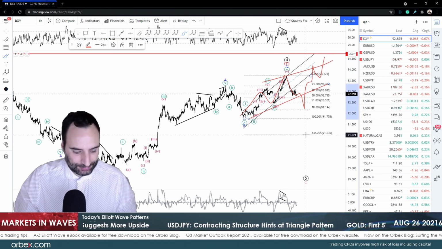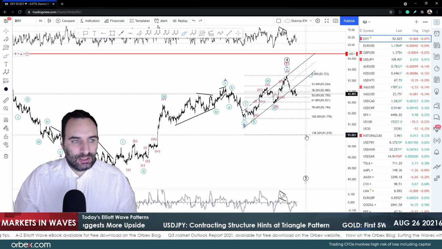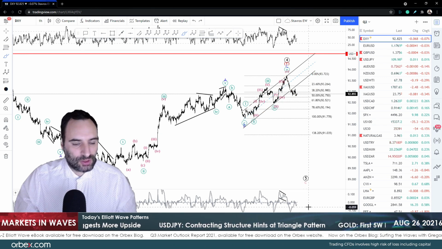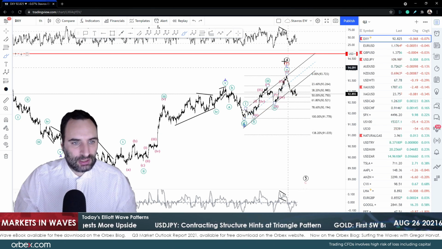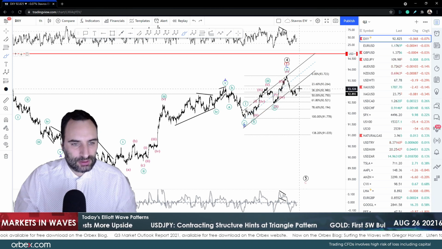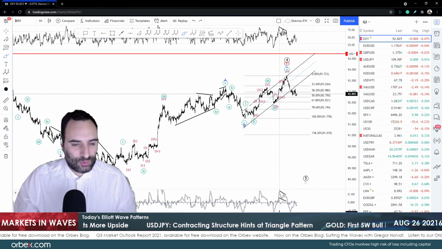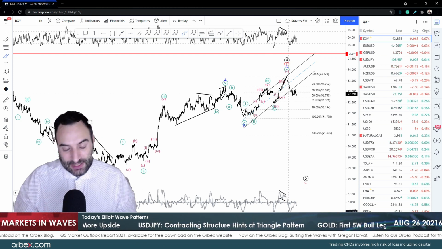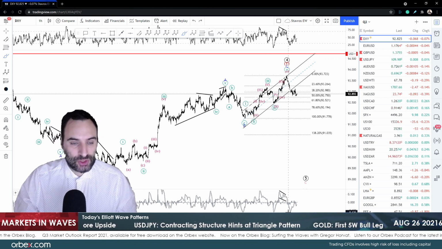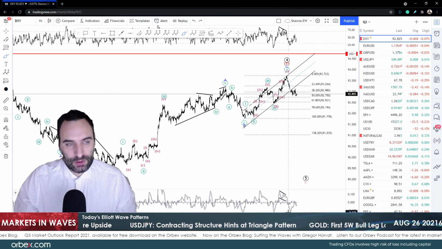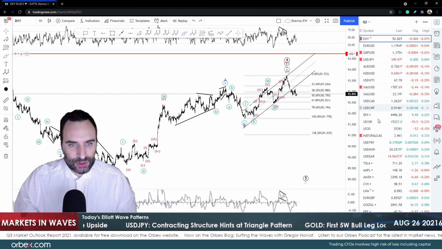Something like this. So this is what I'm currently looking for on the DXY. Now the RSI and the MACD don't really show any signals, which most of the time means continuation of the most recent trend, which is to the downside.